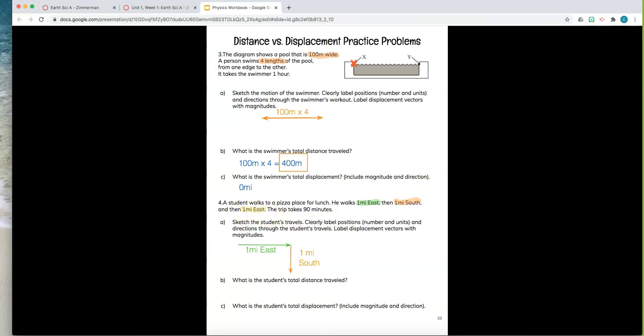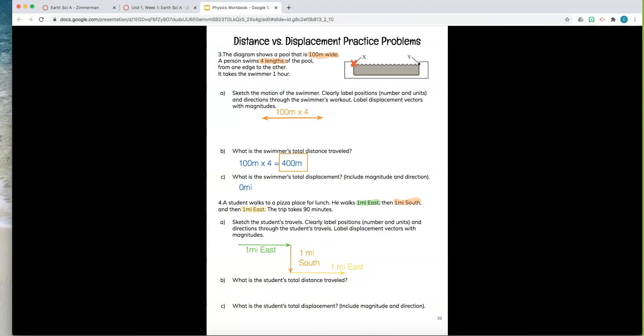And so I'm going to draw that last leg of this journey and make sure that I label it. Okay, so now that's a completed drawing.